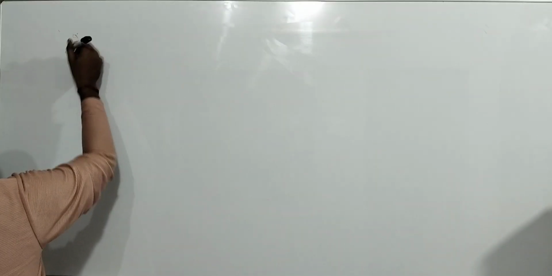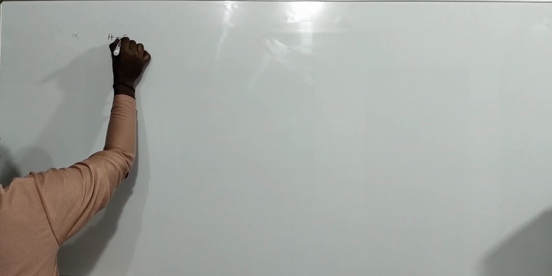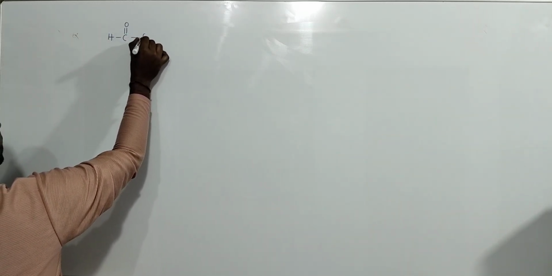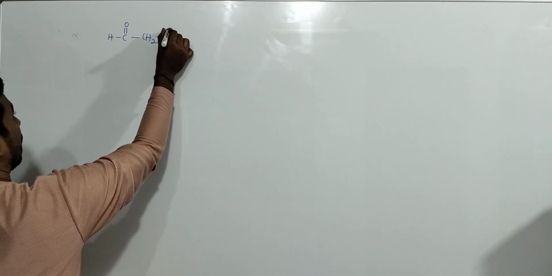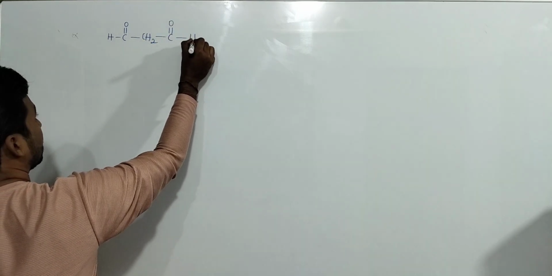Next, if you take this example, HCO and here CH2 and here C double bond OH.